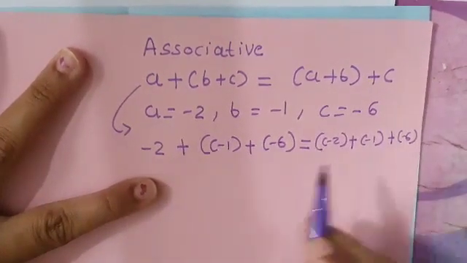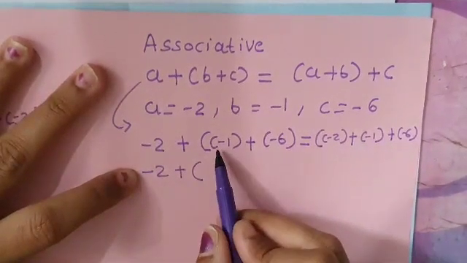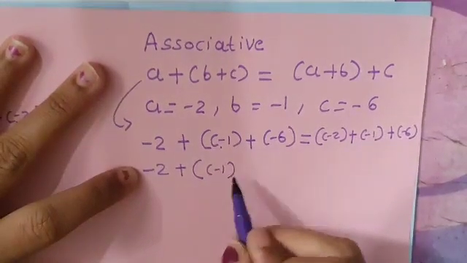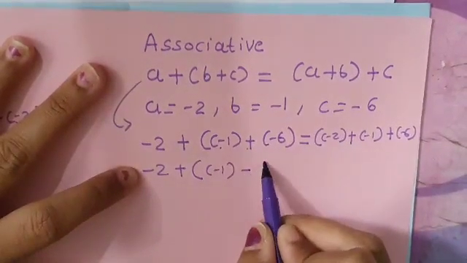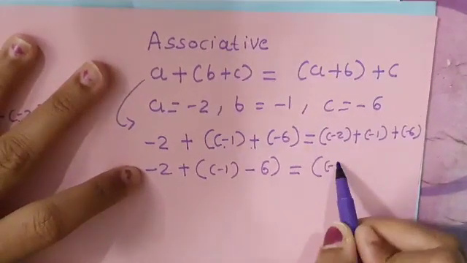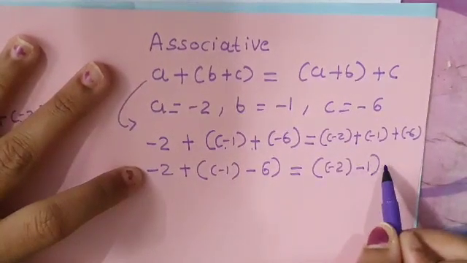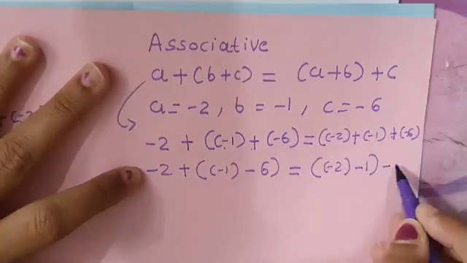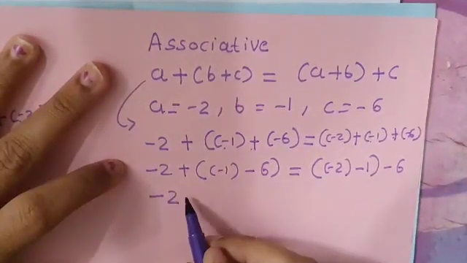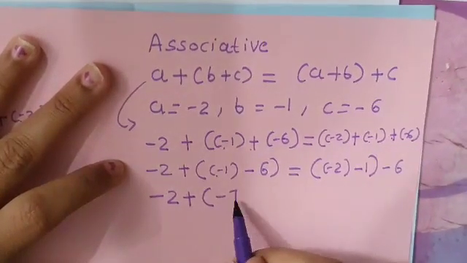Now first of all, let's remove the brackets. Minus 2 plus minus will be minus, and this plus minus is also minus. Now minus 1 minus 6 is minus 7.